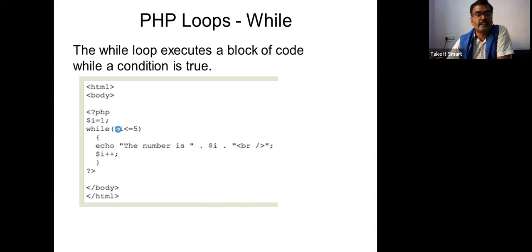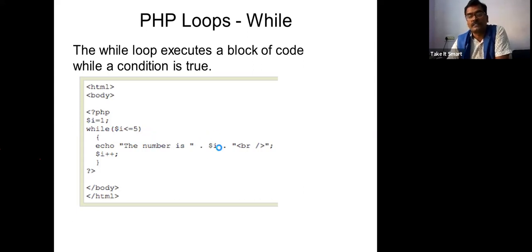Here, $i is less than 5. So what is the value of $i? $i has been initialized before starting this loop, and it has been initialized with the value 1. Fine. And then an opening flower bracket, and then multiple lines of statements. Echo, the number is $i. So whatever value this variable has now is going to be printed.